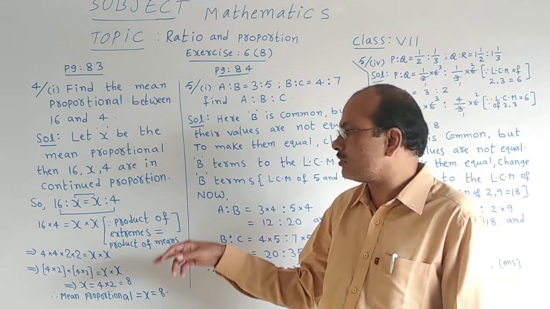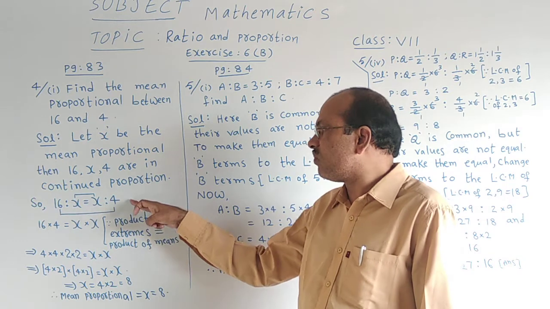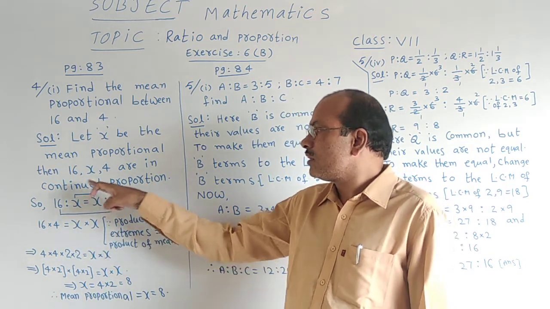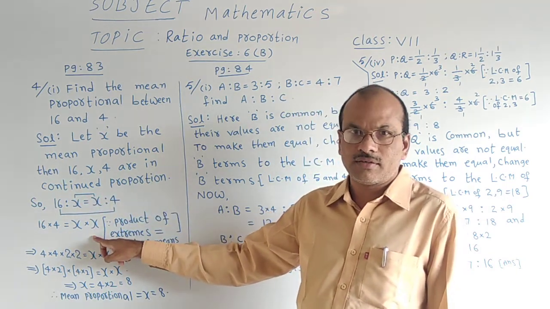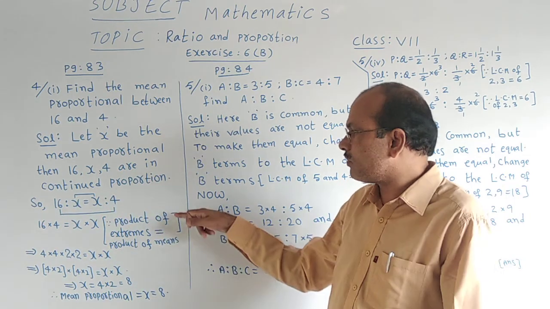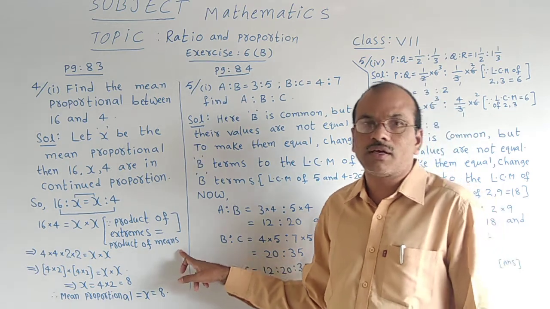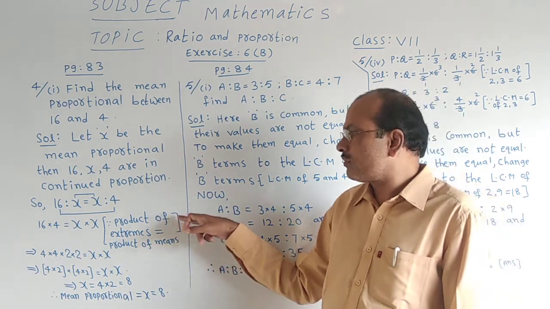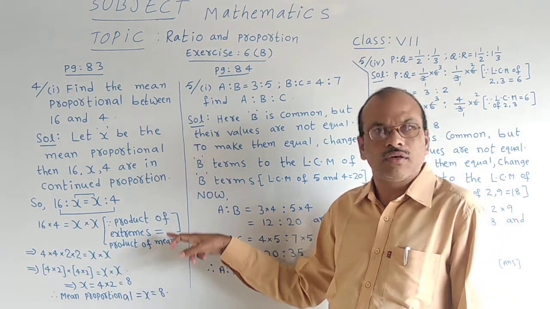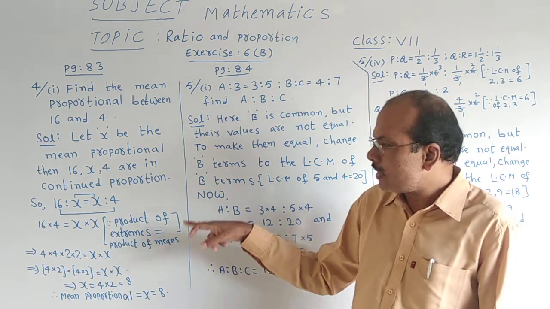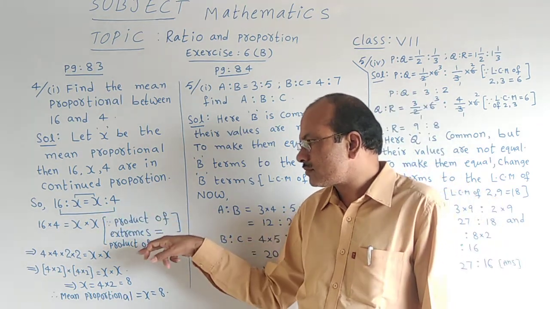We said already that 16 into 4 is equal to x into x, because product of extremes is equal to product of means. Based on this concept, product of extremes is equal to product of means. This we have to memorize, I said, and this can be used for it.